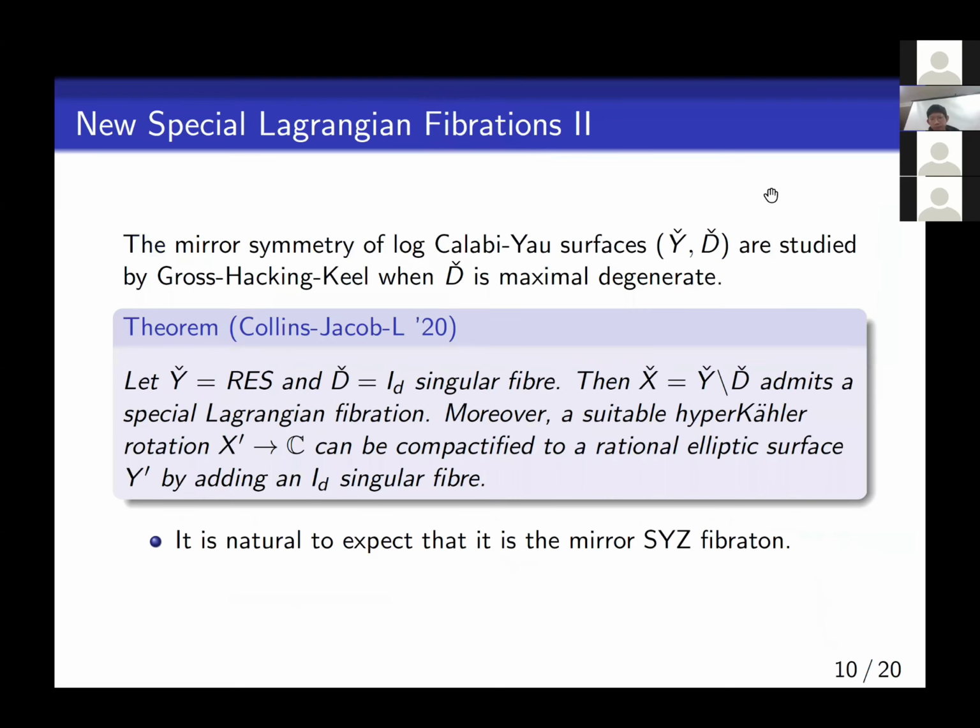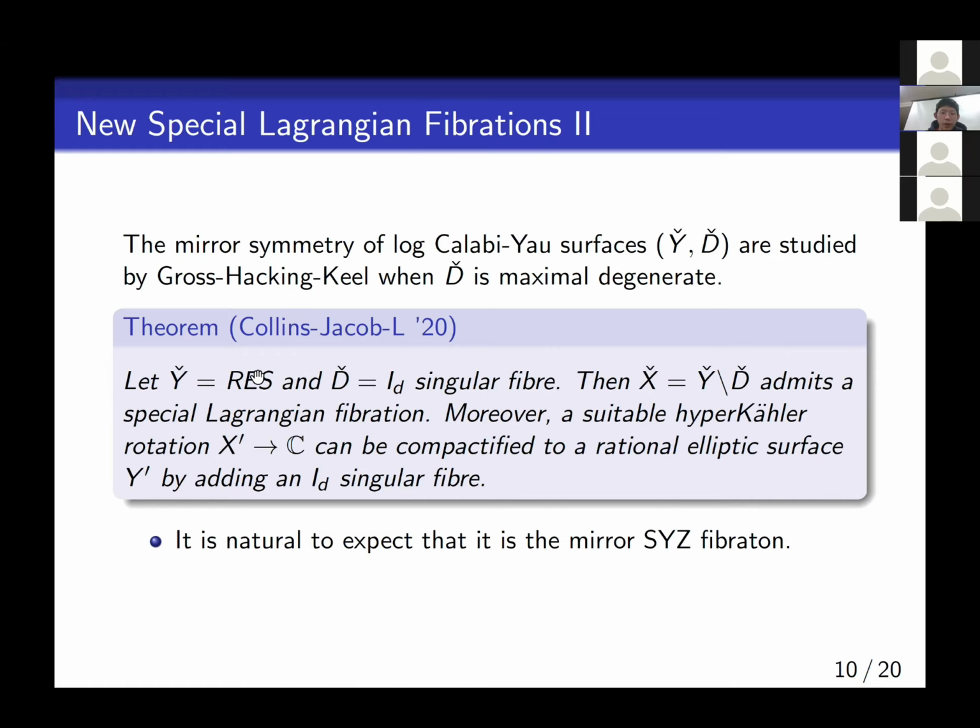The second result is this: mirror symmetry is mostly studied in the case of log Calabi–Yau surfaces when D is maximally degenerate, in the sense that it degenerates into a wheel of rational curves, and it's particularly studied intensely by Gross and Keel.